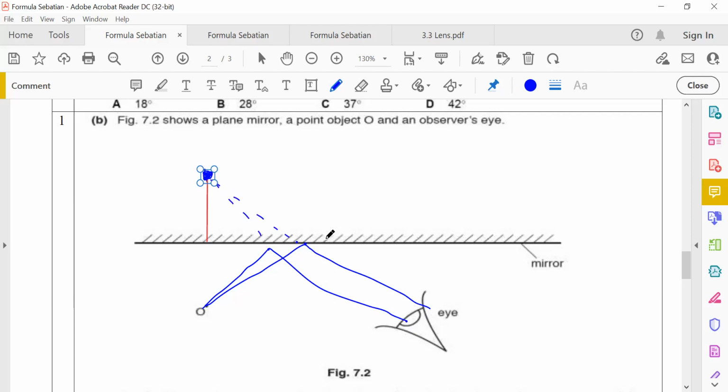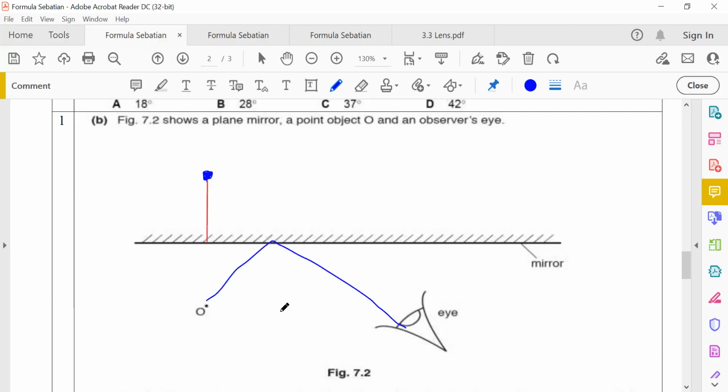Wherever the 2 lines intersect, that is where your light ray is supposed to be. Let me draw here, probably a bit something like this, right? And you're going to dot, and then obviously you're going to get the correct answer from here.